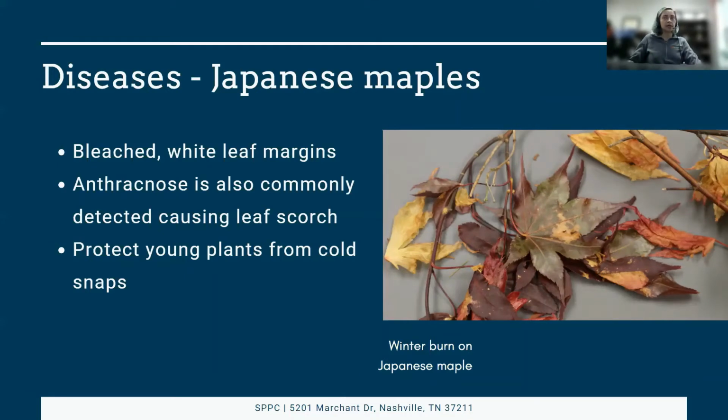We want to protect them if we get unseasonal cold snaps, because that will cause burning symptoms like this on some of the new foliage that the trees are putting out in the springtime, and also affect more strongly our more sensitive plants. There are some other pathogens that can cause these sort of scorched samples on Japanese maple. So it's always good to submit a sample to the lab if you're not sure. But our Japanese maples are very sensitive.